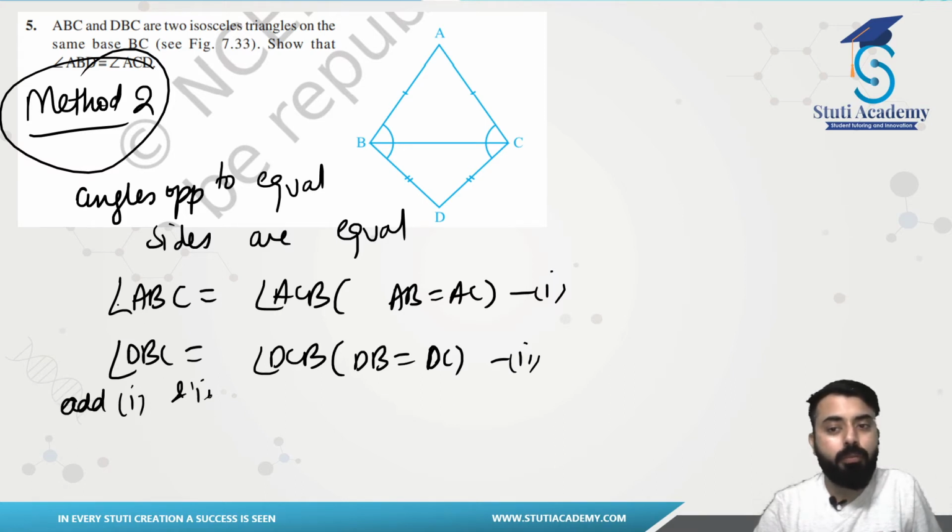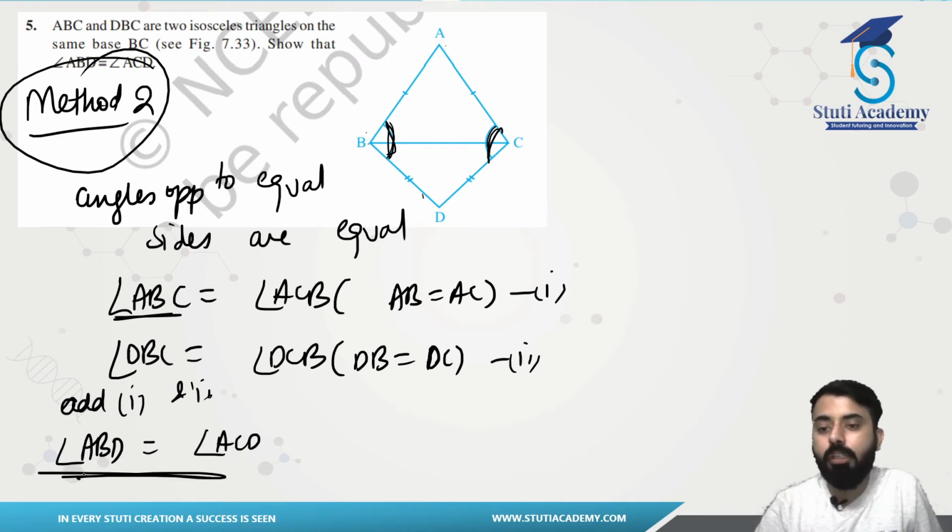So if you add 1 and 2, angle ABC which is this one, DBC which is this one, adding both of these two, you will be getting what? Angle ABD, right? And angle ACB which is this one, and angle DCB which is this one, adding these two, you will be getting what? You will be getting angle ACD. So this implies angle ABD is equal to angle ACD, and hence proved.